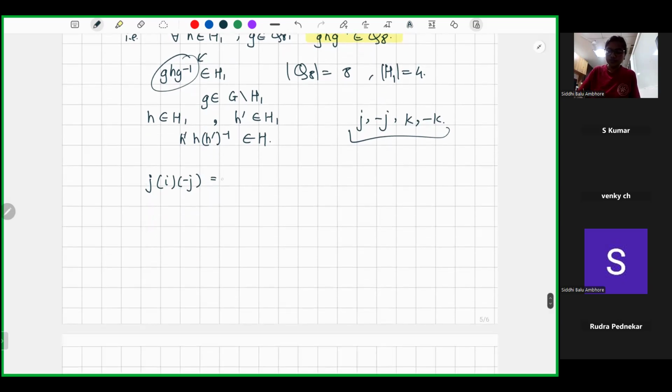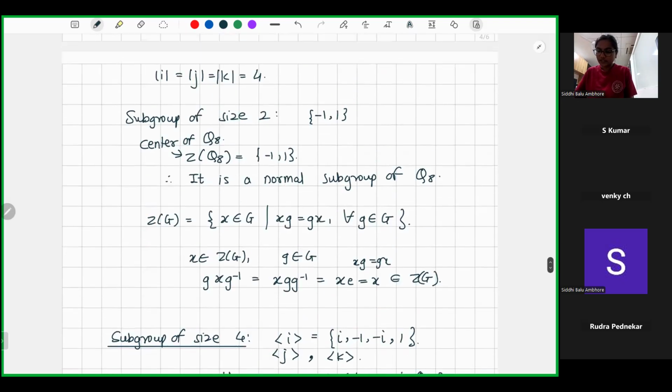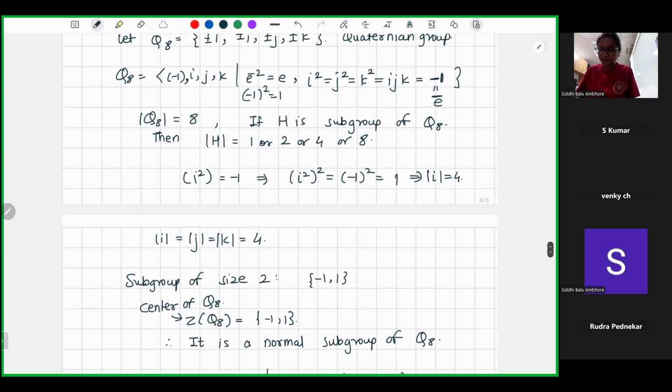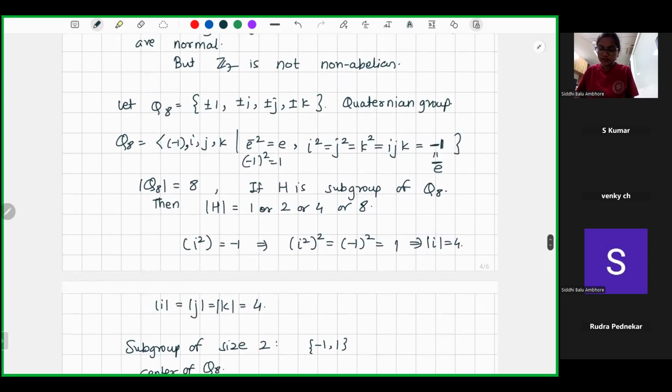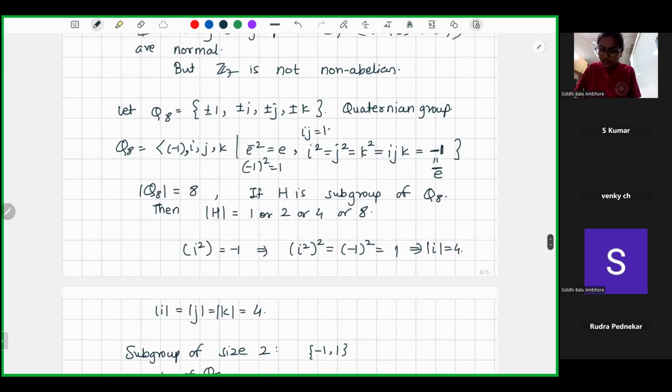So this is j into i into -j. I didn't mention it here, but I hope you all know that for this group, i into j is k, j into k is i, and k into i is j.